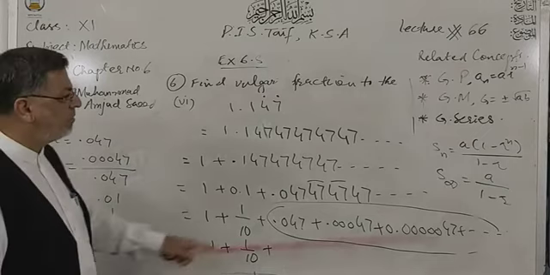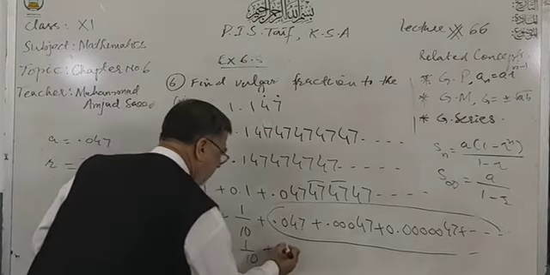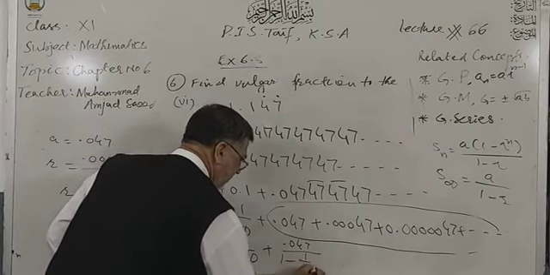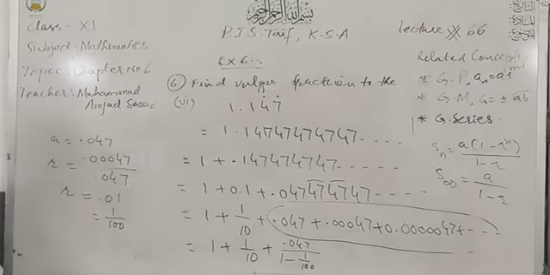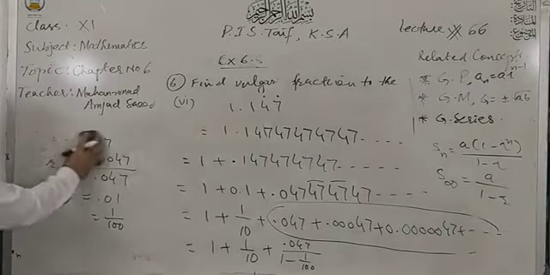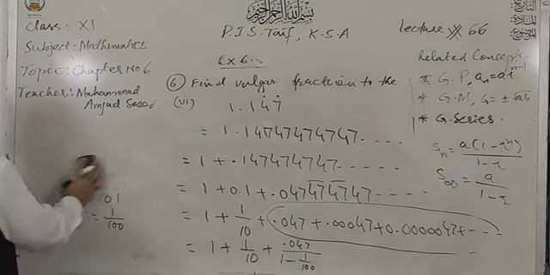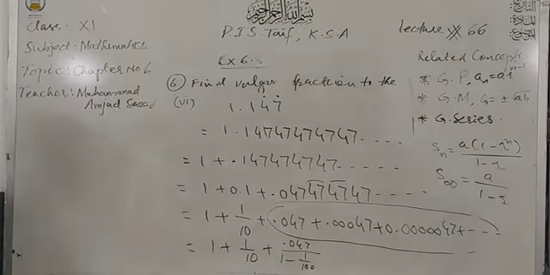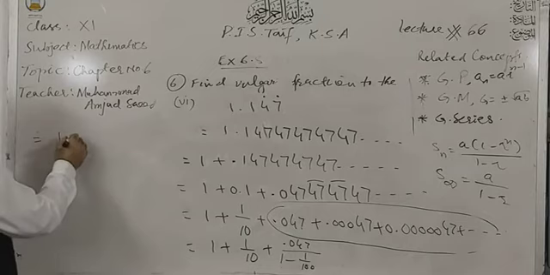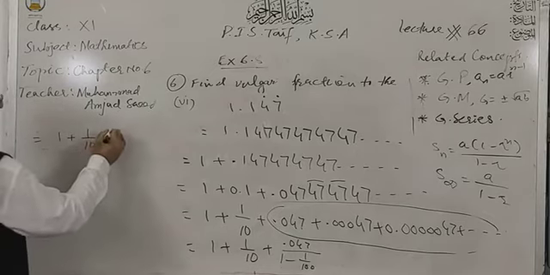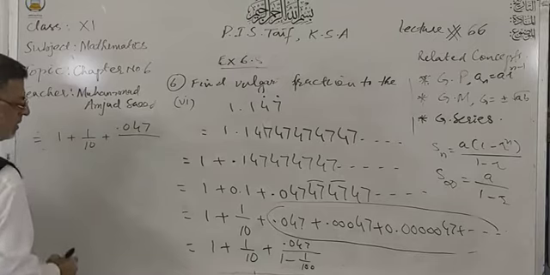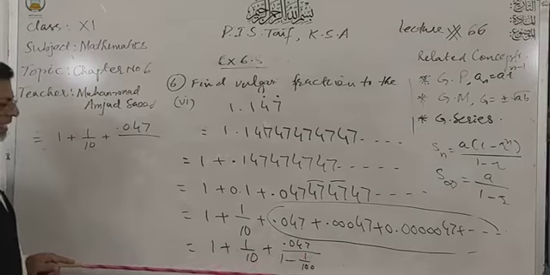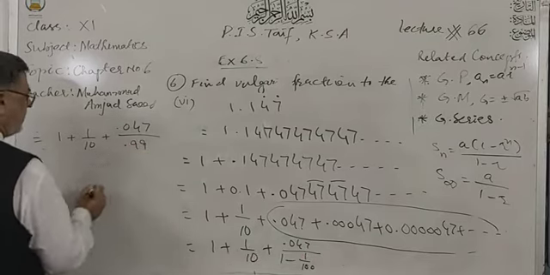Now apply the formula a over 1 minus r. a is 0.047 over 1 minus r, and r is 1 over 100. So we have 1 plus 1 over 10 plus 0.047 over 1 minus 1 over 100, meaning 100 minus 1, 99 over 100. This will be 0.99.